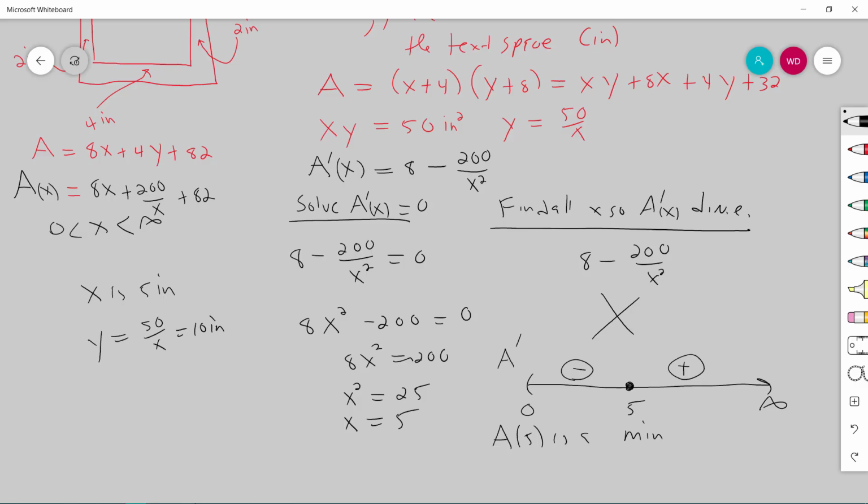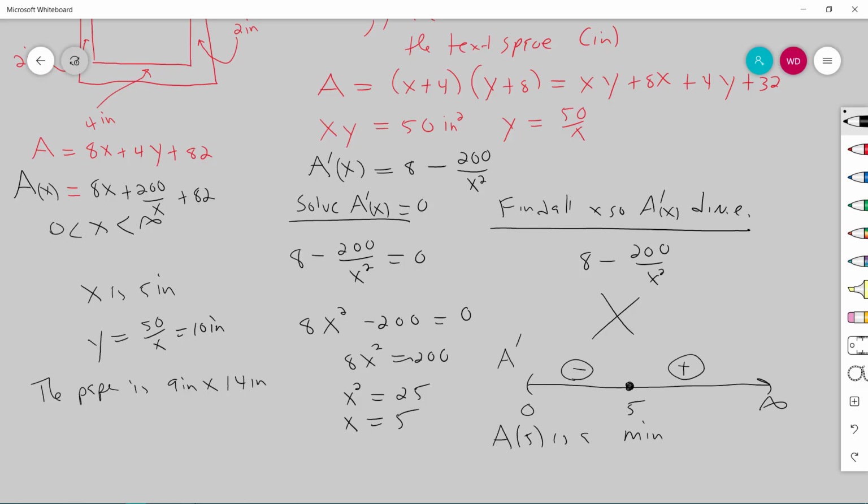The dimensions of the paper going this way was 4 more than this. Remember, it was 2 inches, x, and then 2 inches. So the paper is 9 inches by, and the remaining length was 4y and then 4, so that's 14 inches.